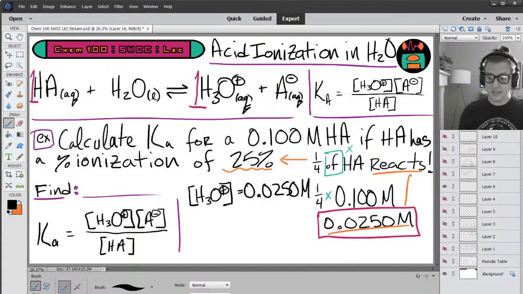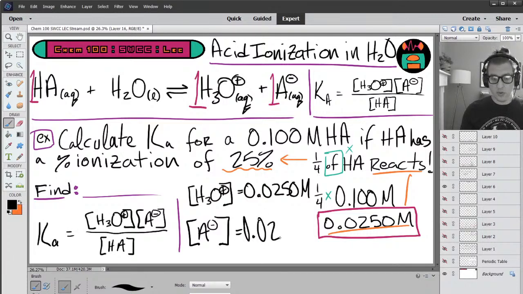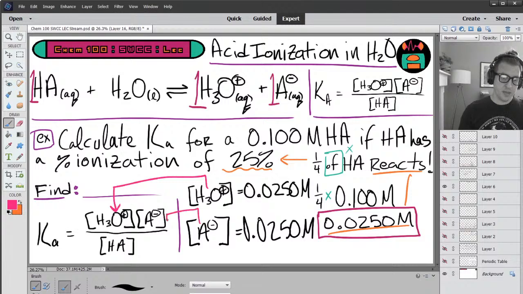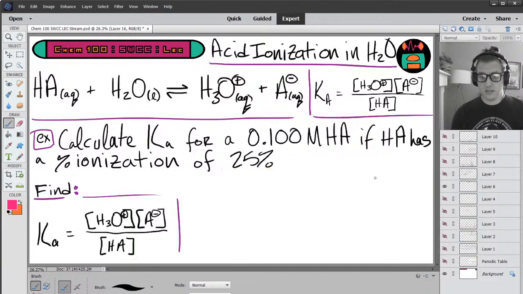And you'll notice the same is true for a conjugate base. 1 mole of HA produces 1 mole of A minus. So our concentration of A minus is also equal to 0.0250 molar. We've got both pieces of our numerator. We are ready to calculate our answer.